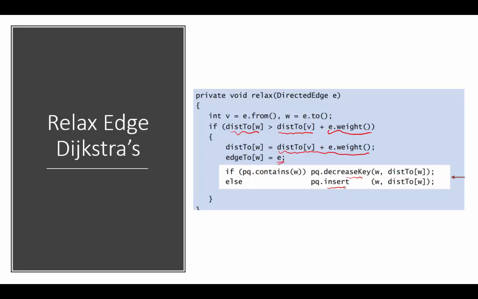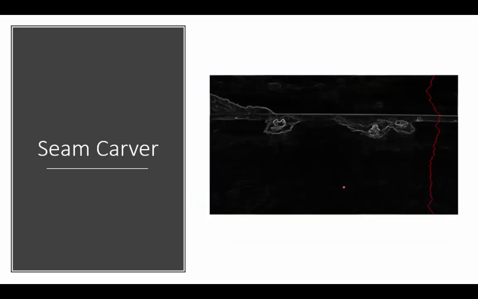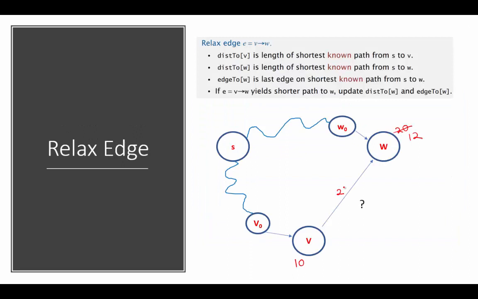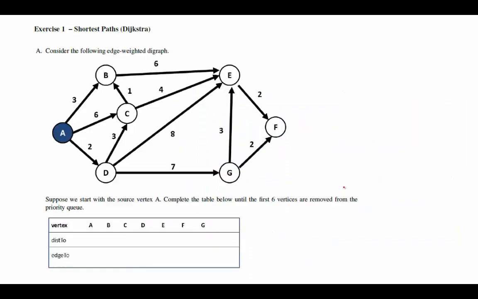So let's apply that principle to our problem. So here's our problem. We assume that we know the distance from our source vertex a, so the distance from a to a is 0. And using these edges, we can update the distance to b to be 3, the distance to c to be 6, and the distance to d to be 2.